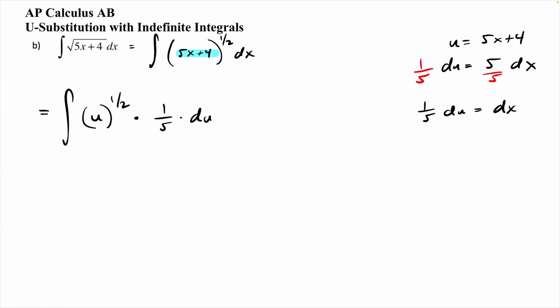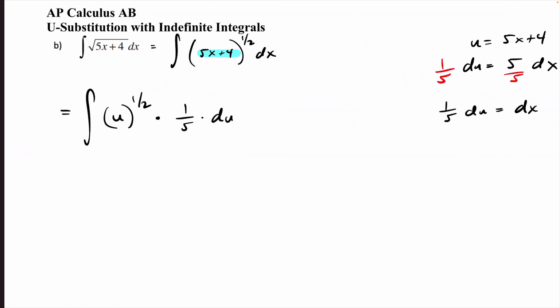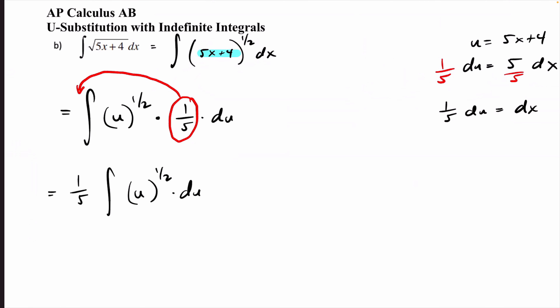All I have is u's. I'm going to move the 1/5 to the front, not let it affect the problem when I do antiderivative. So I have 1/5 u to the 1/2 times du. So we get 1/5. U is going to be to the 3/2 power. Divide by 3/2.